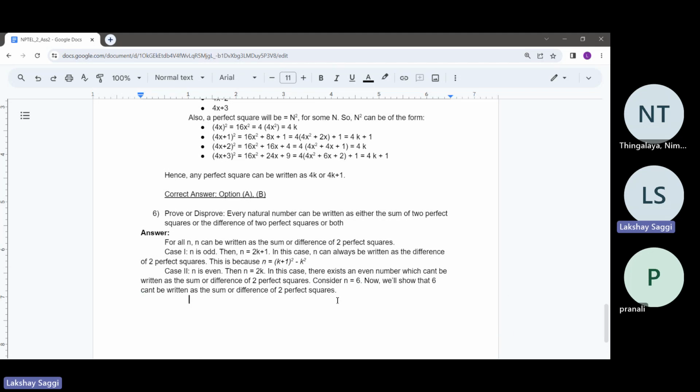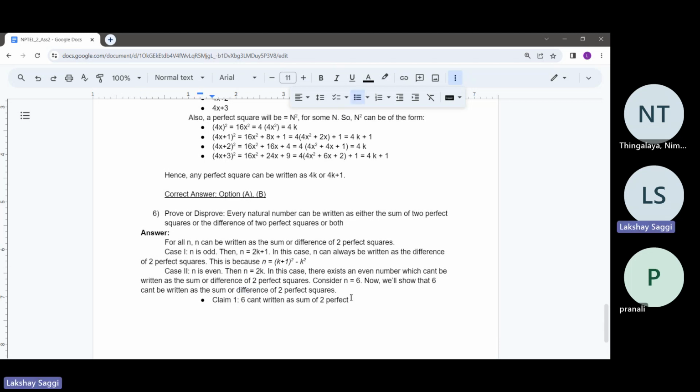So how will we do this? First we'll show that 6 can't be written as sum of two perfect squares. To show that 6 can't be written as sum or a difference of two perfect squares, we'll need to show individually that 6 can't be written as sum and also 6 can't be written as difference, right?